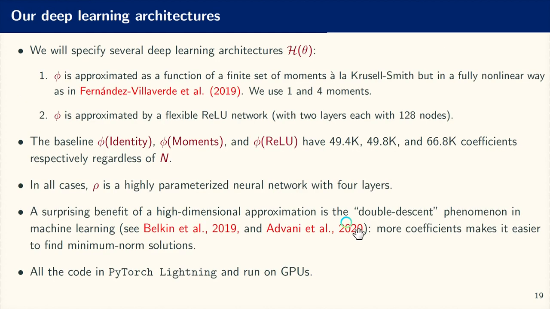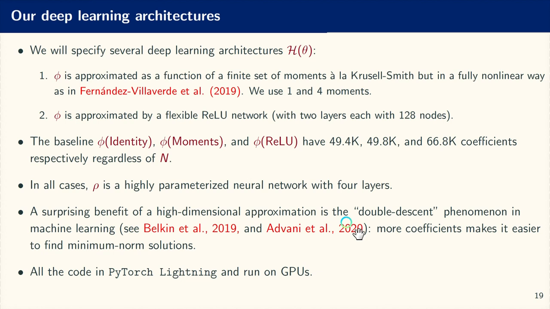We are thus going to specify different deep learning architectures, h of theta, where theta are the coefficients of the architecture, that is, how different inputs and outputs are related, inspired by our previous representation theorem, but where we don't know phi or rho. In particular, we are going to approximate phi in two different ways.